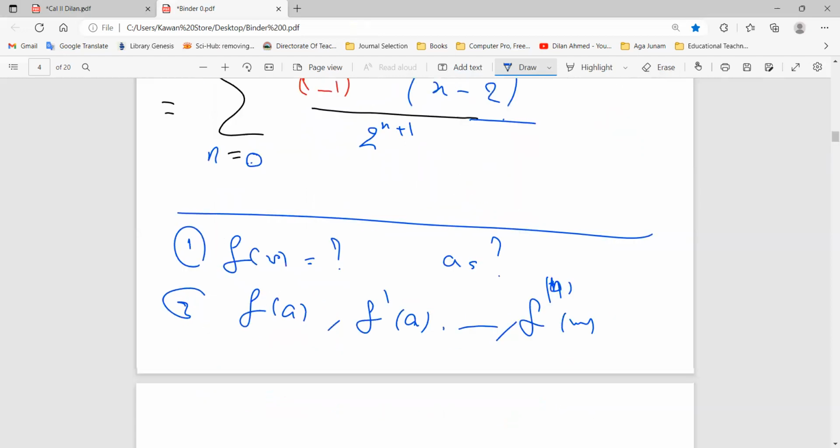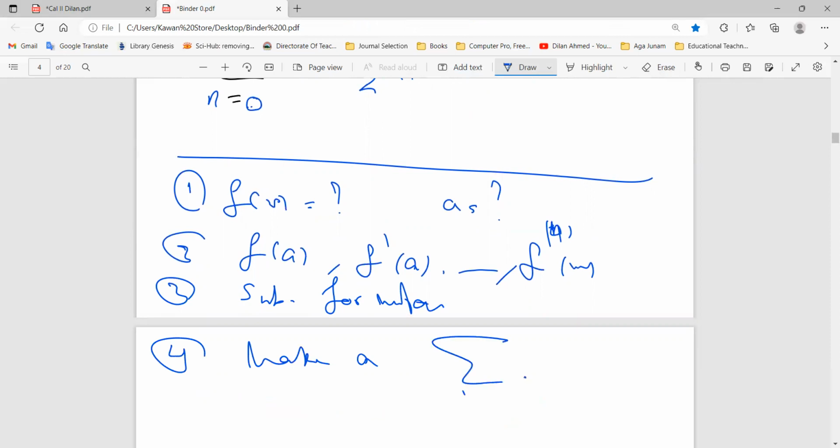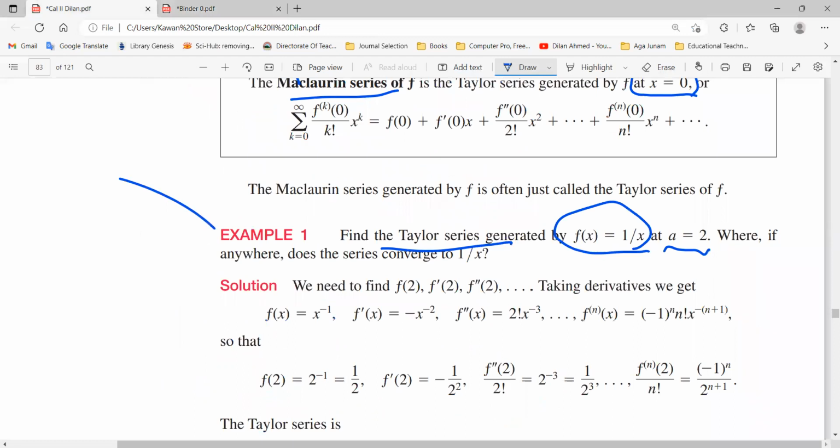Understood? Third thing is what? Substitute in the formula. Number 4, make a series. And you know what I mean. For applying these 4 steps, I'm going to give you another example.